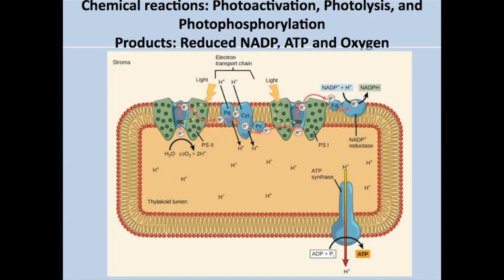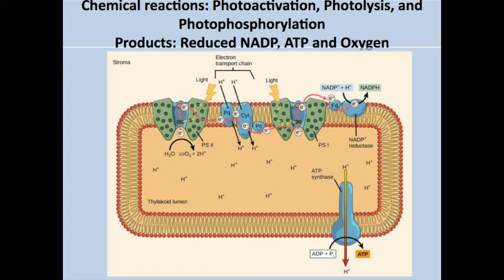Now, photosystem 1 is also hit by light. Actually, they're both hit by light. So this photosystem will also lose electrons. These electrons will transfer to ferredoxin. It's also in your book. And this ferredoxin will pass that electron to NADP plus reductase, another protein.